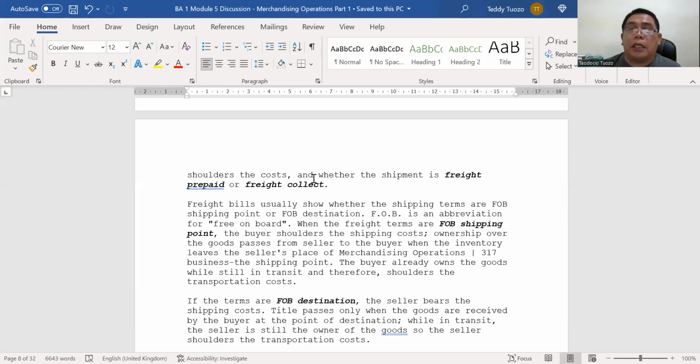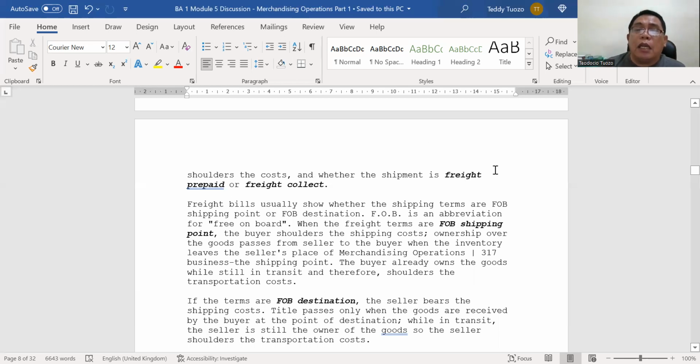Kung under FOB destination, those goods in transit are still owned by the seller until it will be physically received by the buyer. So kung si buyer na ang owner, dapat si buyer na mag-shoulder ng transportation cost. Pero kung si seller pa ang owner ng goods in transit, dapat si seller ang magbayad sa transportation cost.